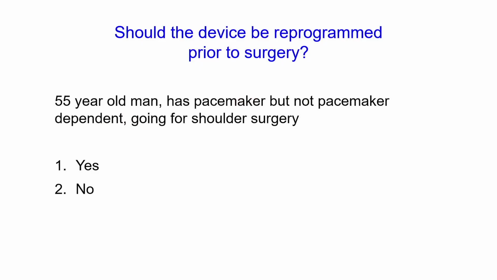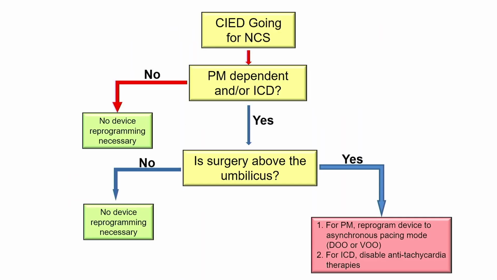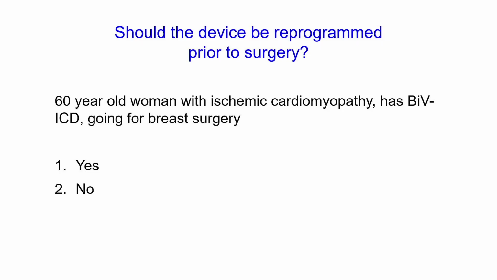Another example, a 55-year-old man, he has a pacemaker. He is not pacemaker dependent, but he's going for shoulder surgery. Should he have the device reprogrammed? Answer would be no. So this would be him. Pacemaker dependent, no. It does not have an ICD, so no device reprogramming necessary. How about this? 60-year-old woman, she has an ischemic cardiomyopathy.